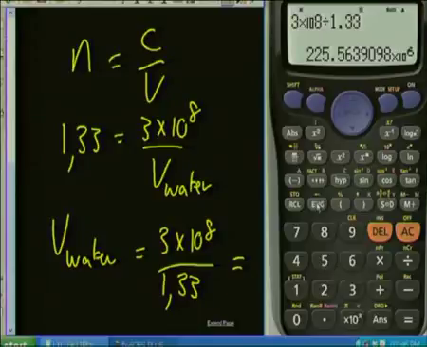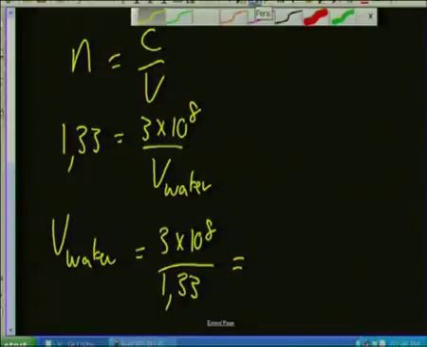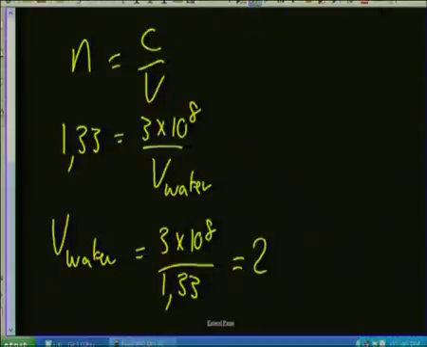If you divide that again by 100, it will change from 10 to the 6 to 10 to the 8. And I'm going to write it like that. In the correct scientific notation, write it as 2,26 times 10 to the 8 meters per second.